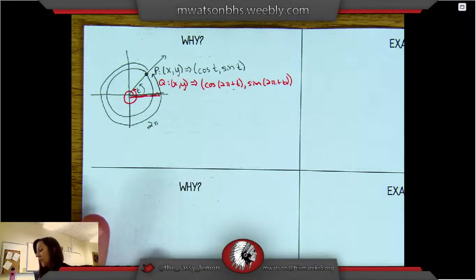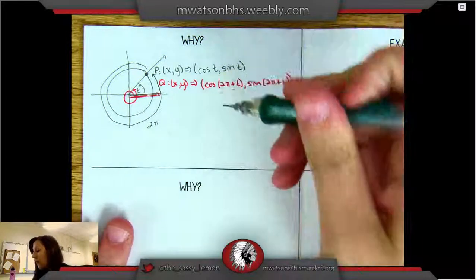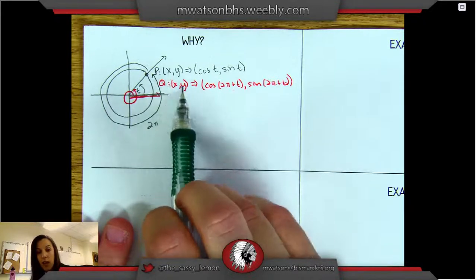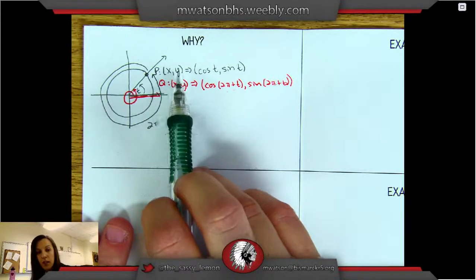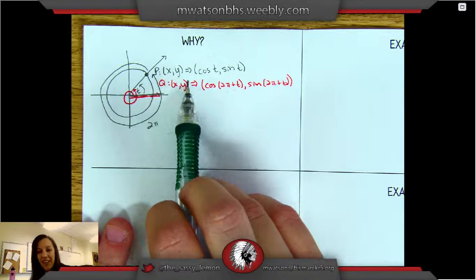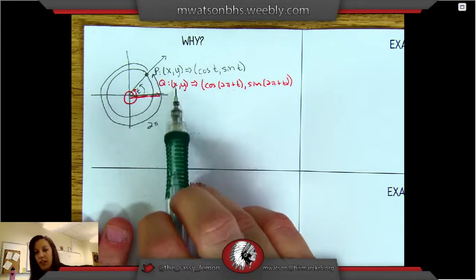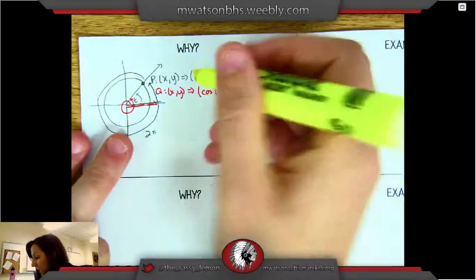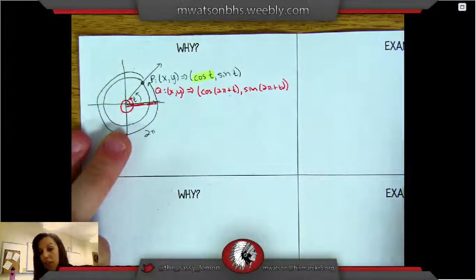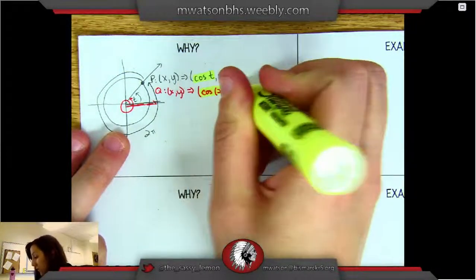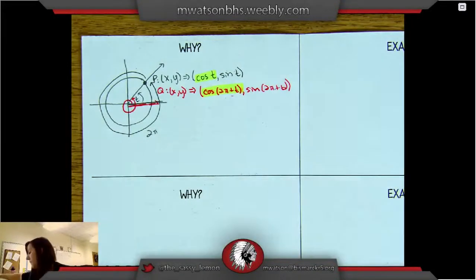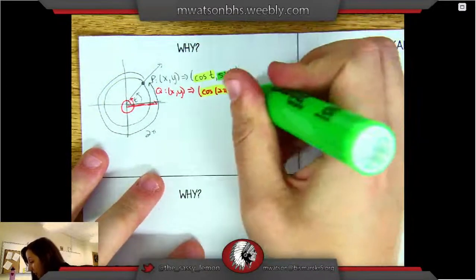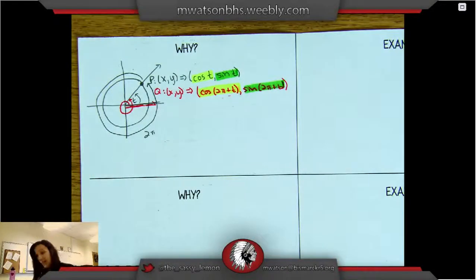But what's interesting here is you end up at the same point. x and x are equal, y and y are equal. If these are equal here, that means these are also equal over here. That means cosine of t is the same as cosine of 2 pi plus t. And it also means that sine of t is equal to sine of 2 pi plus t.